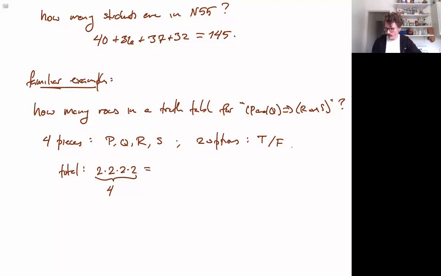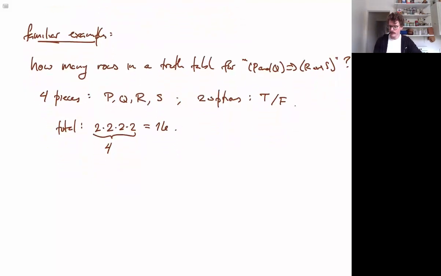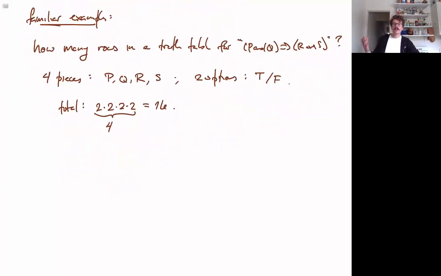So it's 2 to the 4th, which is 16. So we've been doing this throughout the course. We've been saying how many of these things are there, and counting things using the product rule. But now we're being explicit about it, and we're going to build it up into more complicated things over the next couple days.